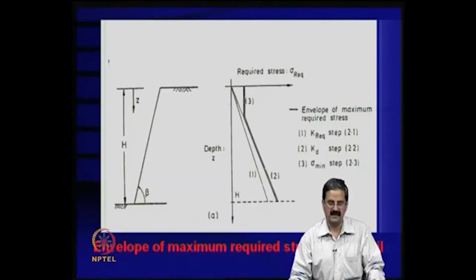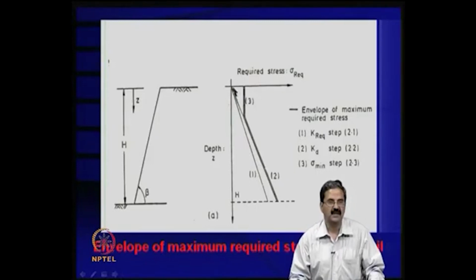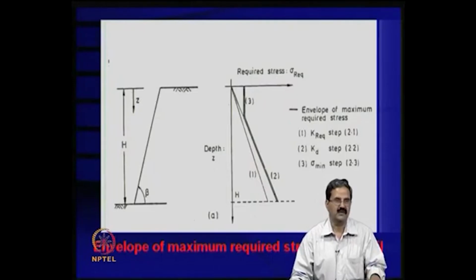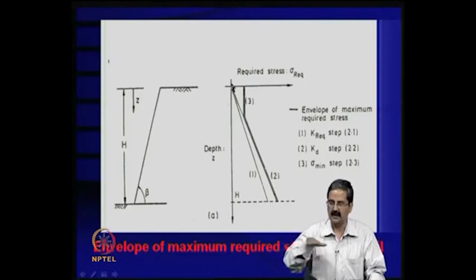So, for example, I am just mentioning it here, gamma into depth: 18 into 1 meter is one value, 18 into 2 meters, 18 into 3 meters, it follows this line. But at the top it is 0, but practically it is not 0. Why? Because you have compacted it, and there is always some sort of earth pressure for which it is to be designed, because earth pressure is never 0 at the top.